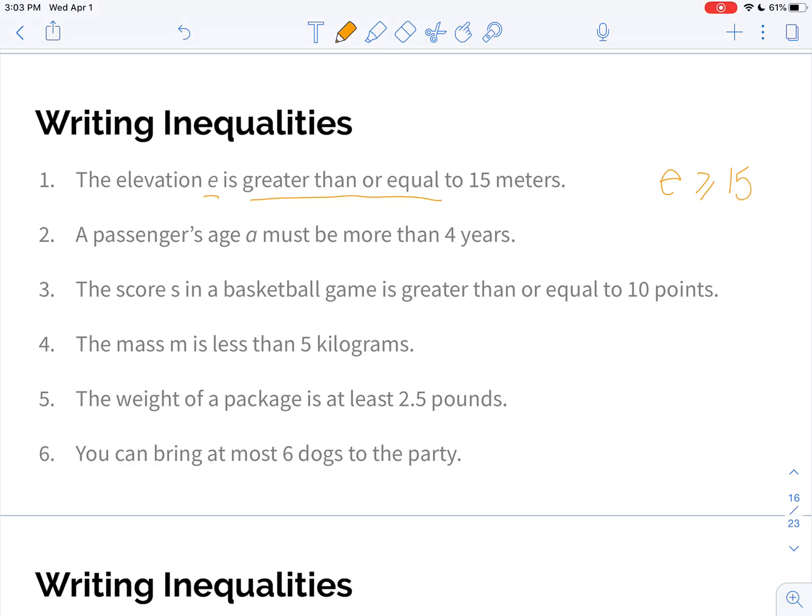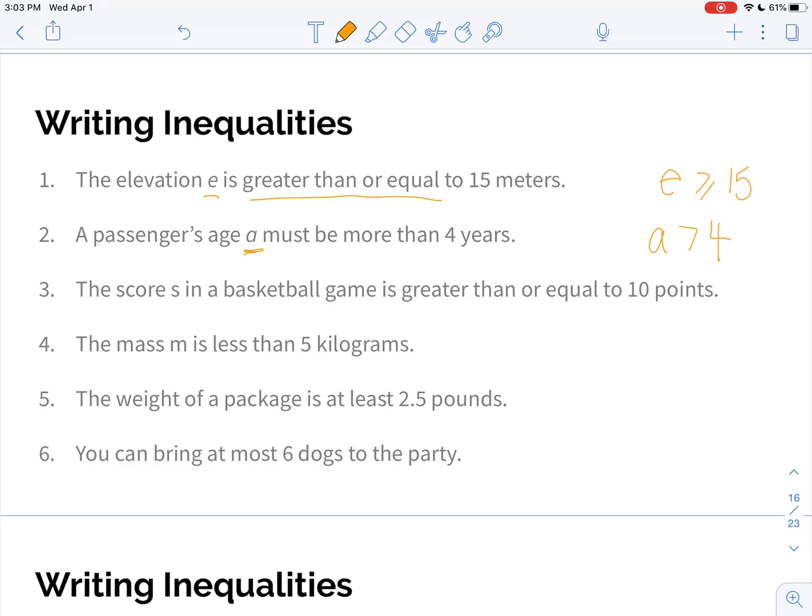So it would be E is greater than or equal to 15. Number 2, a passenger's age A, we don't know what it is, must be more than 4 years. So the age needs to be greater than 4.